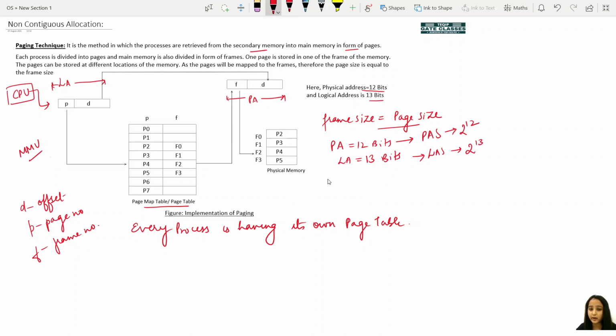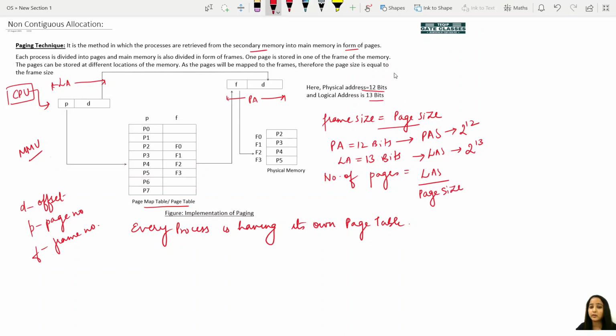If I have to find the number of pages, it is found by logical address space divided by page size.